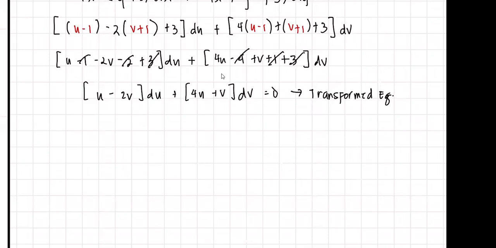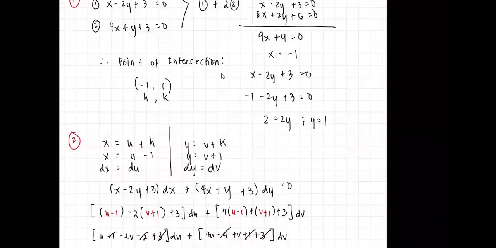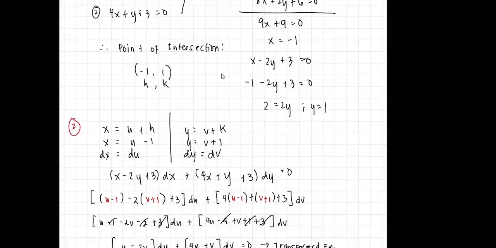dito ang variable natin is u at v, no? So, hindi natin pwedeng gamitin yung ginagamit natin dun sa previous na lecture kasi nagamit na natin yung u at v dito sa first transformation natin. So, kailangan mag-introduce tayo ng bagong variable.